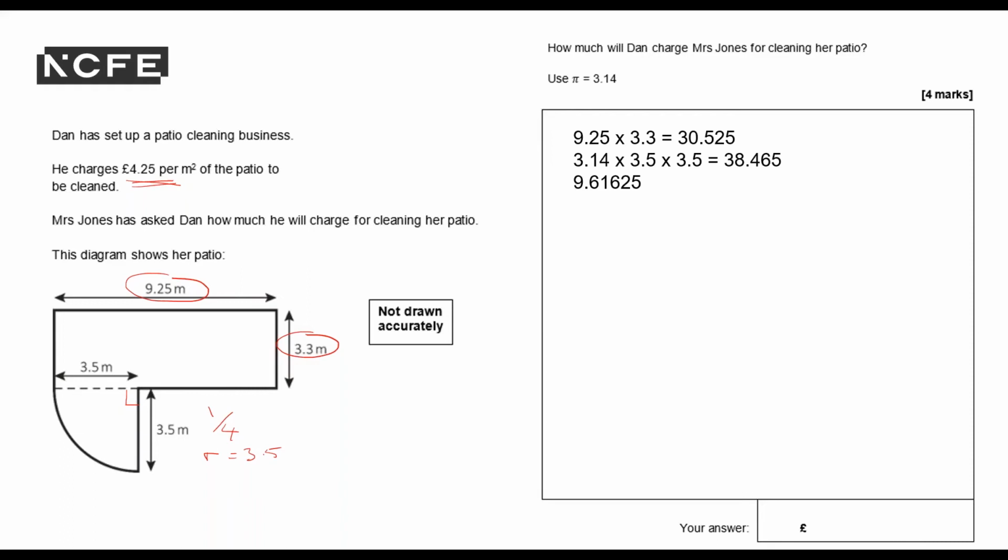So I need to do this number plus 30.525, which will give me 40.14125. Okay, right, so I know what the area is now, so that's good.